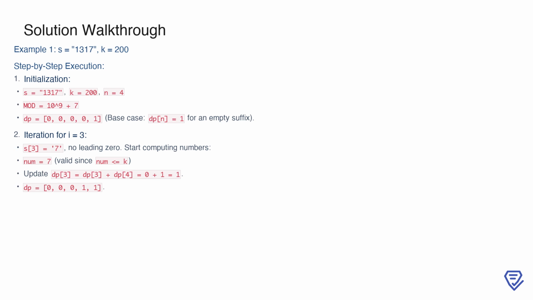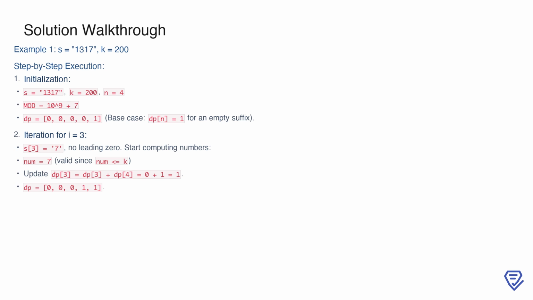In this example, we are working with the string 1317 and the maximum value k equals 200. The length of the string, n, is 4. We initialize our dp array with a base case where dp[n] is set to 1, representing the one way to split an empty suffix. This gives us dp equals 0, 0, 0, 0, 1.